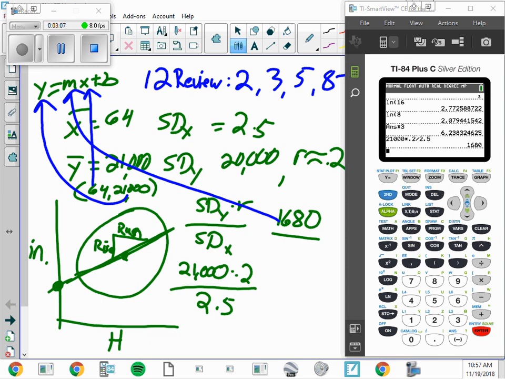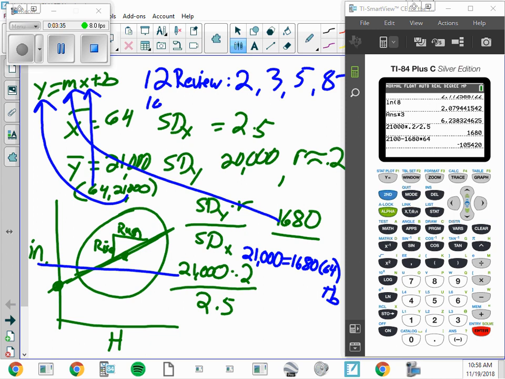So we end up with 21,000 equals 1680 times 64 plus b. So I take 21,000 and I subtract off 1680 times 64. And I get that number, which is the y-intercept, which actually is way below the x-axis. So the equation is 1680x minus 105,420.